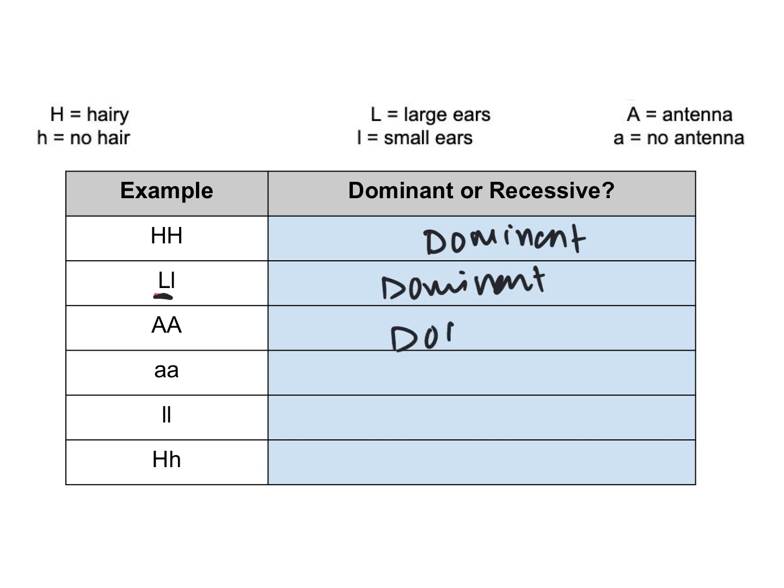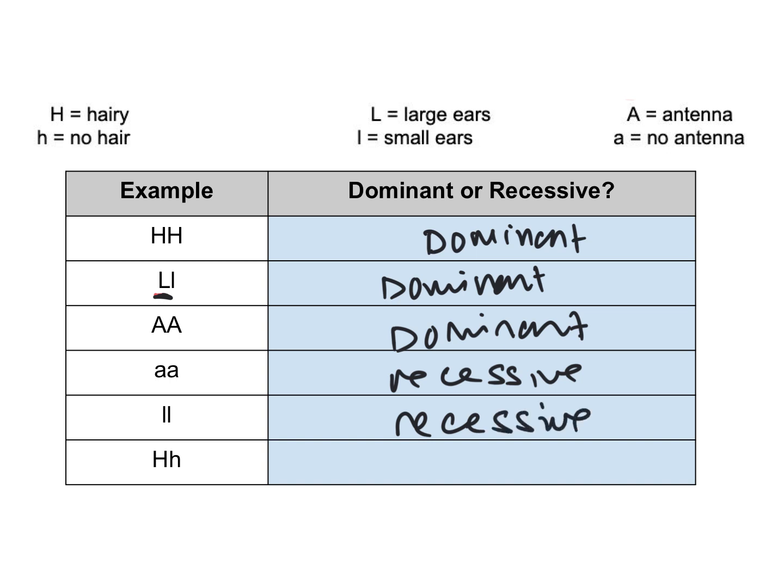The next one as well is dominant. The next one, lowercase a, is recessive, as is this one, lowercase l, and then capital H, lowercase h has at least one capital letter, so that would be dominant.